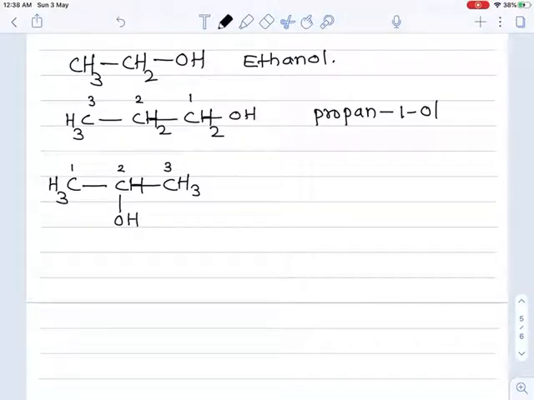Now write its IUPAC name. Again this chain contains 3 carbon atoms, so it is a propane derivative. So propane, at position 2 the OH group is there. So propan-2-ol is its IUPAC name.